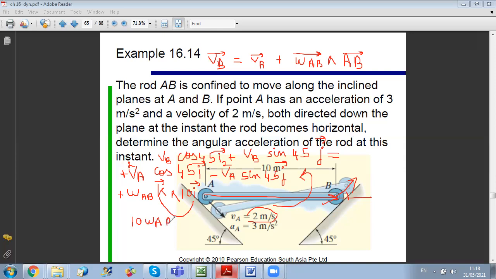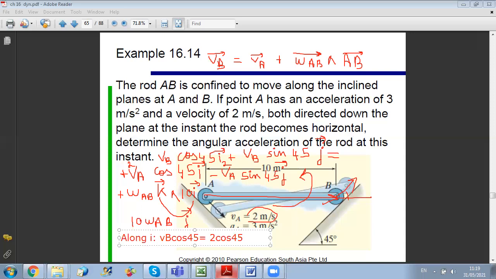And now I'm ready to compare along i and j. I will start by comparison along i. From the first side, I have VB cosine 45 equals, from the other side, along i, 2 cosine 45, and that's it.